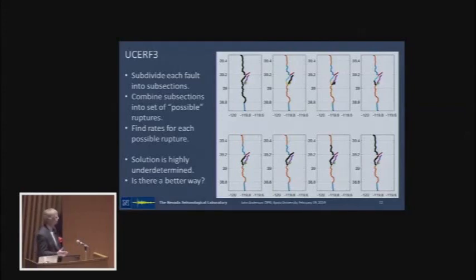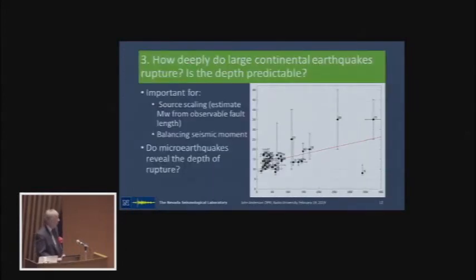And so in terms of dealing with a network of faults, this is the second problem that I would identify as an important one for us to try to solve. The third one, and I'll just mention this briefly, is how deep into the crust do continental earthquakes actually rupture?